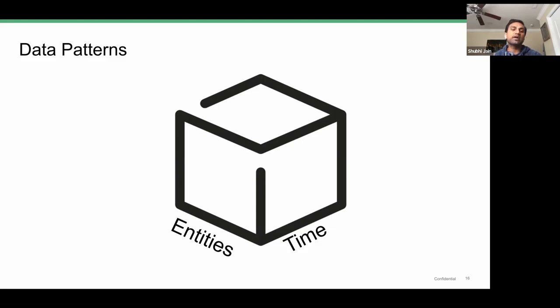So if I'm say Airbnb, I might be developing machine learning models that are centered around our guests or our hosts. And these entities have all their relevant feature data about them. But then they might have some more in-depth data about, say, a guest can have many stays, a host can have many homes.